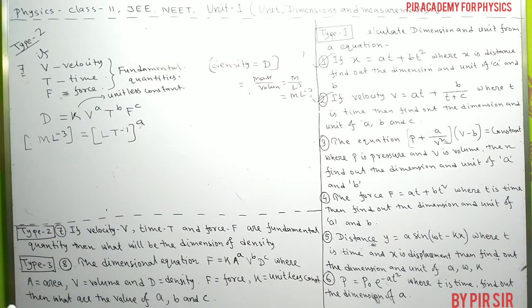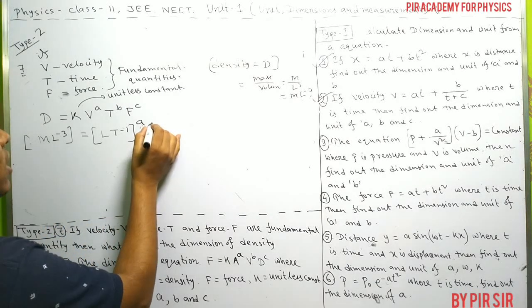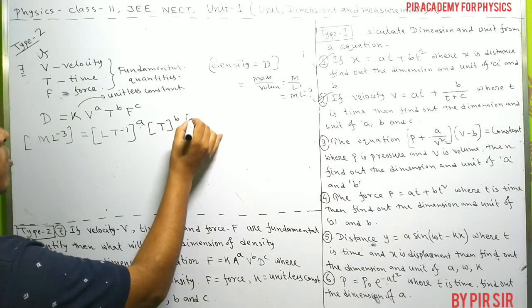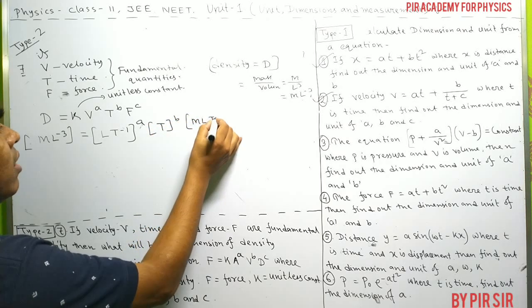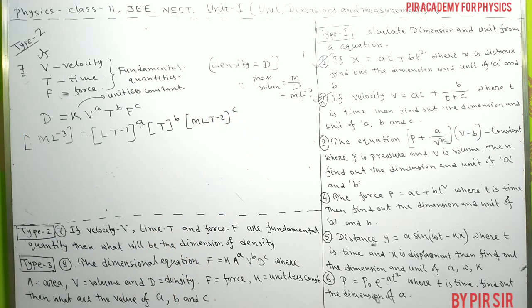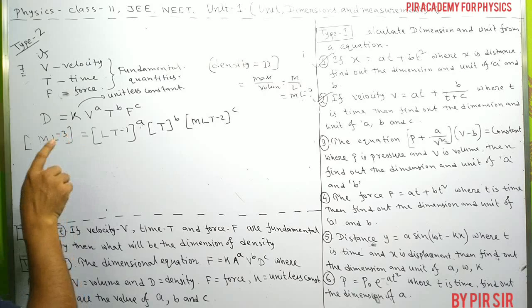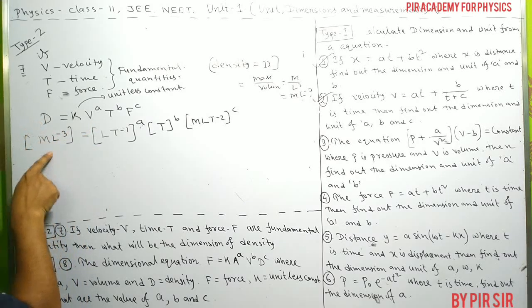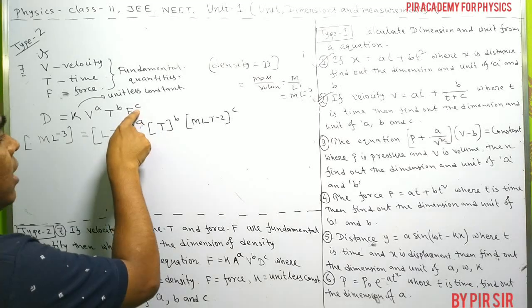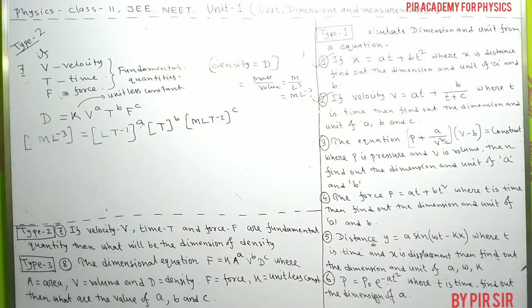And what is the dimension of time? Time is also just T, to the power B. What is the dimension of force? M L T to the power minus 2, to the power C. Here I have put the dimension of density, velocity, time and force.